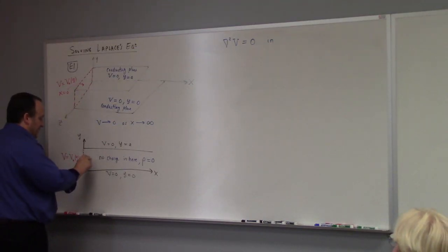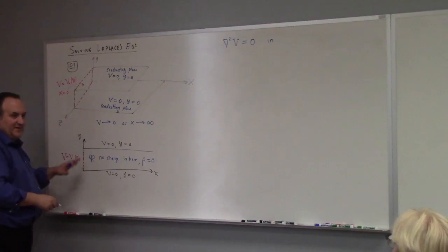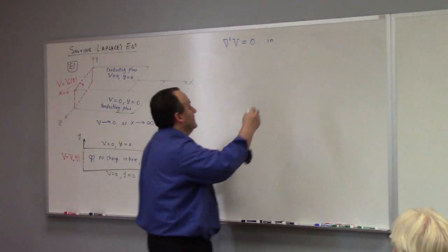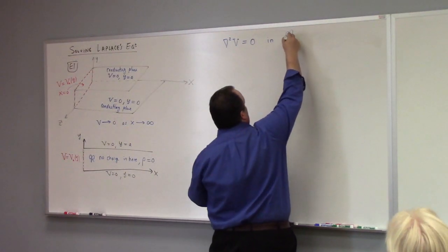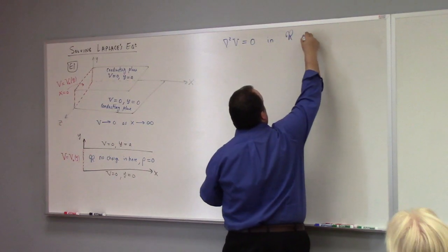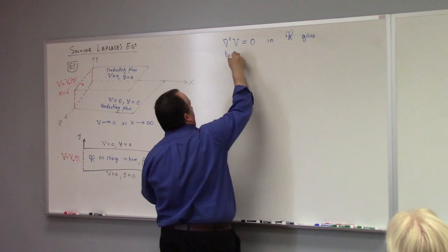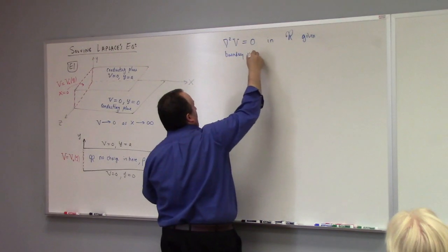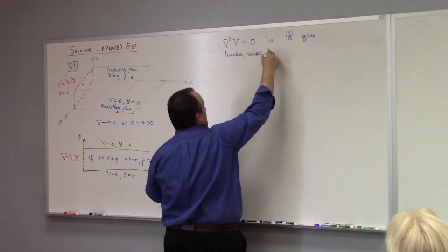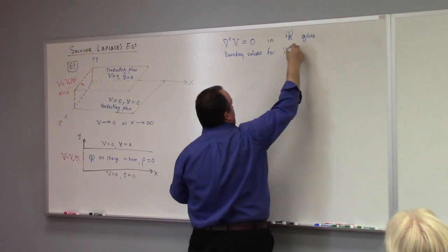Let's call it script R. We don't use that for anything else. R for region. We're trying to solve this in R, and we're given boundary values for the boundary of that region.